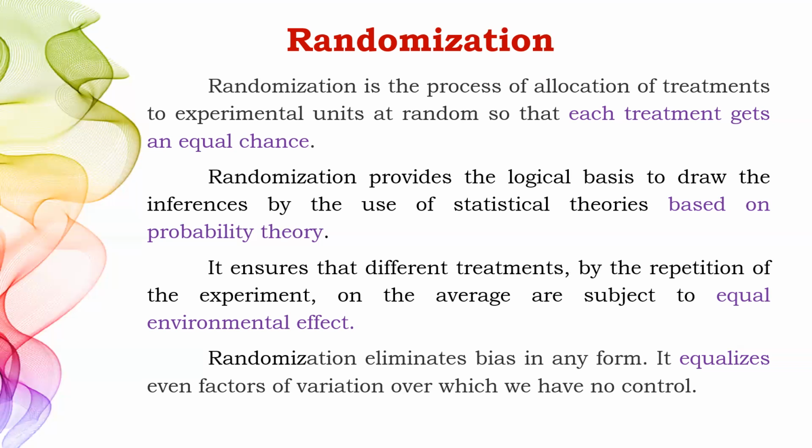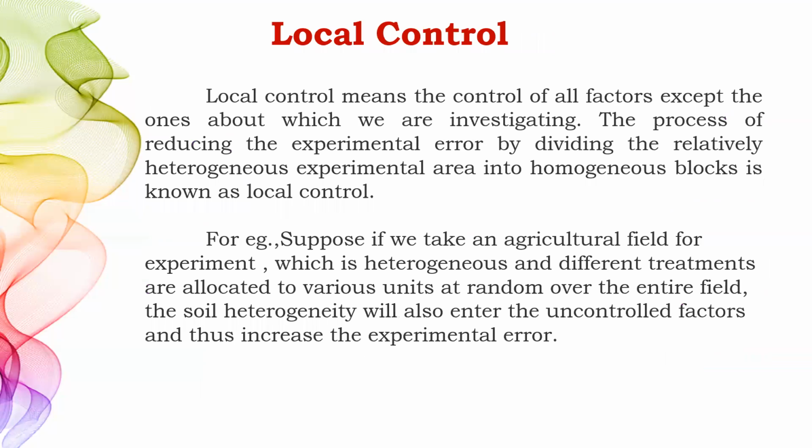Next, we'll see what is local control. Local control means the control of all factors except the ones about which we are investigating. The process of reducing the experimental error by dividing the relatively heterogeneous experimental area into homogeneous blocks is known as local control.